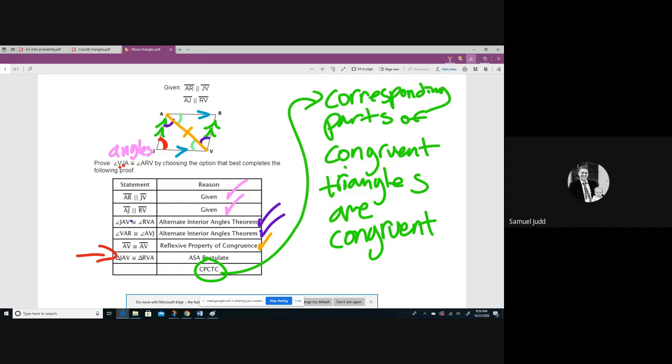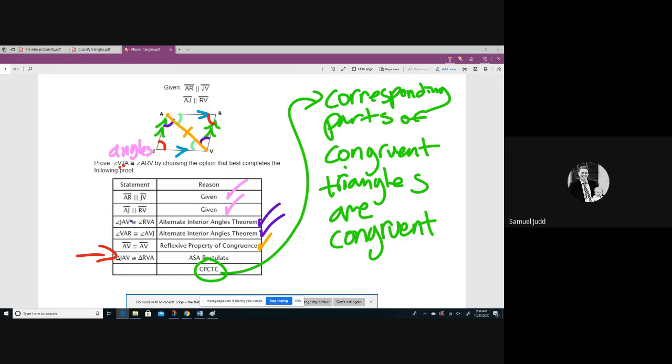oh, I've made a mistake. VJA and ARV, these are corresponding angles to one another. Then they are congruent because the triangles are congruent, and of course they are corresponding angles to each other.